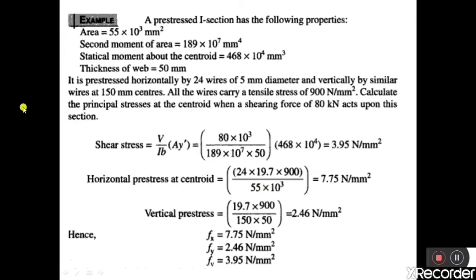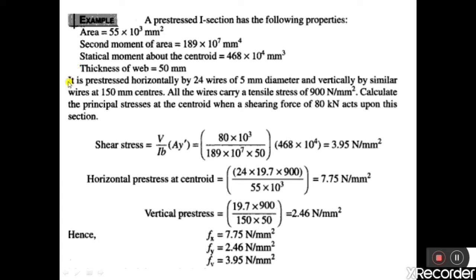Okay, now let us consider today's first example. A prestressed I section has the following properties. Area is 55 into 10 to the power of 3 millimeter square. Second moment of area is 189 into 10 to the power of 7 millimeter to the power 4. Statical moment about the centroid is 468 into 10 to the power of 4 millimeter cube. Thickness of web is 50 millimeter.